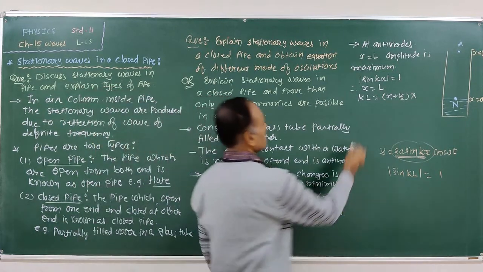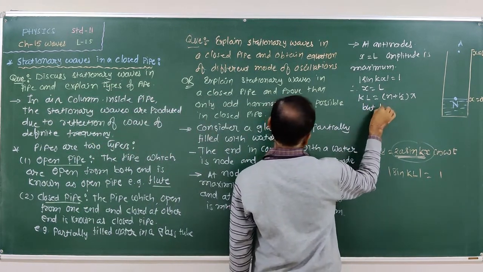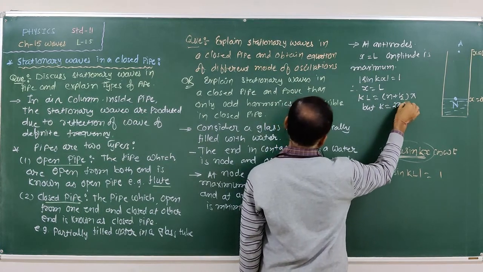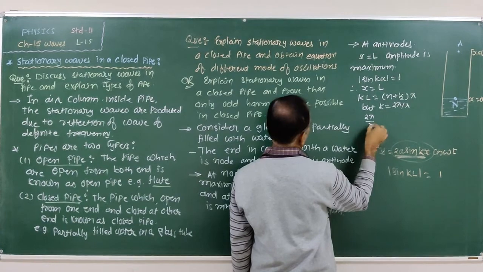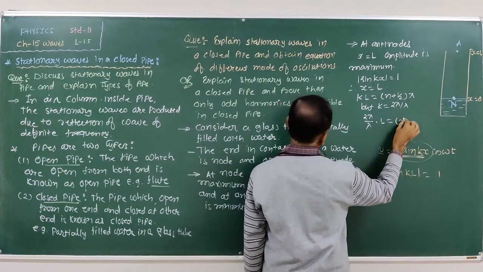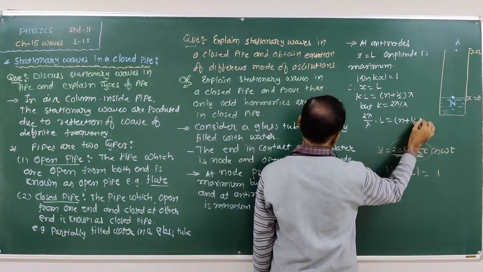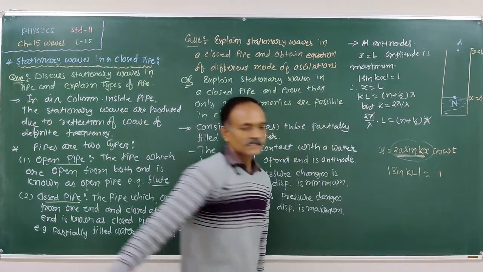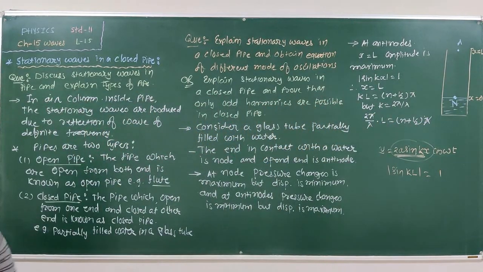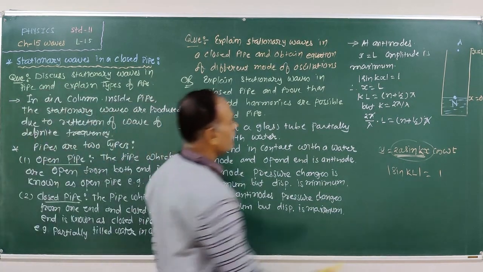But k is equal to 2 pi upon lambda. Therefore, 2 pi upon lambda into L is equal to n plus 1 by 2 into pi. Pi cancels. Therefore, what is the equation of L?